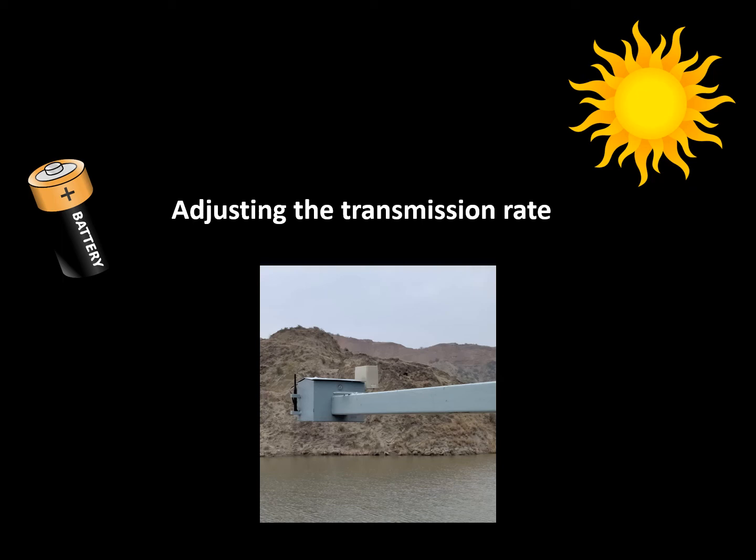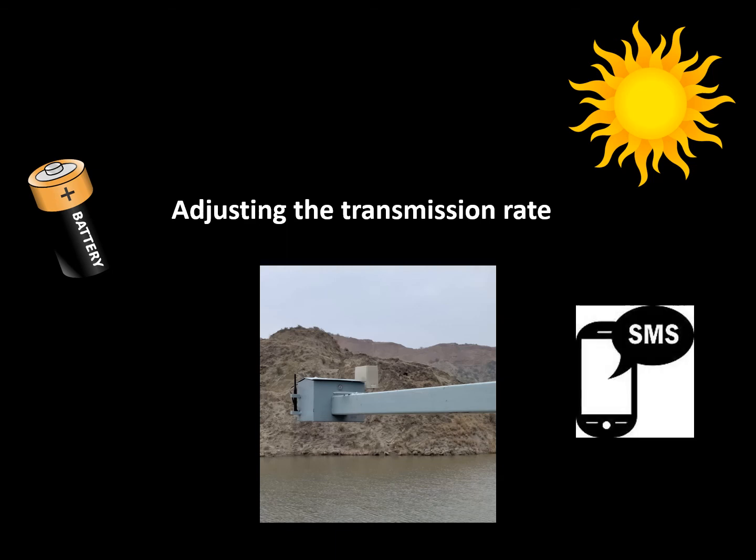And in this particular case, what we did was that we adjusted the rate at which data was transmitted so that the battery had ample amount of time to charge, even though the charging was happening very slowly. This we can do in our sensors with the sending of an SMS.